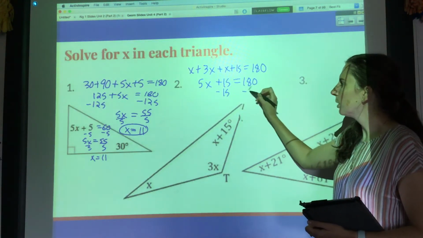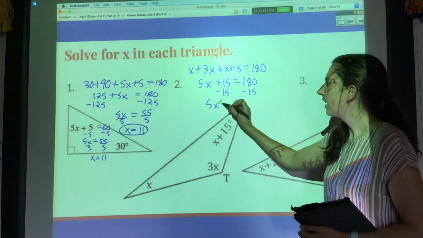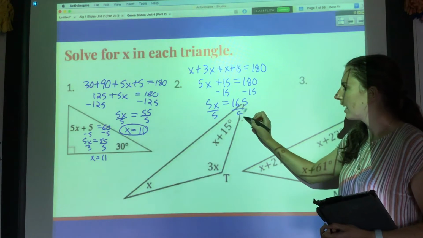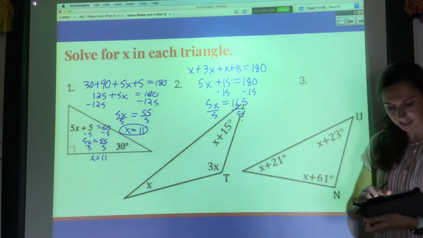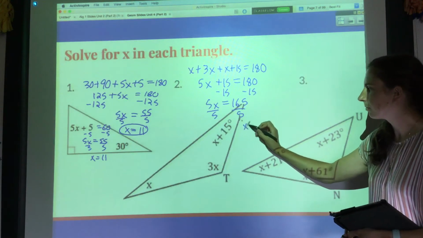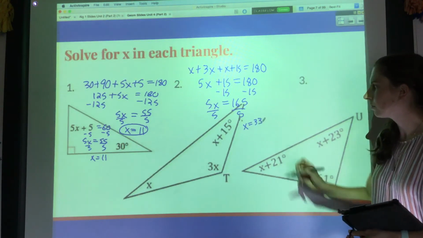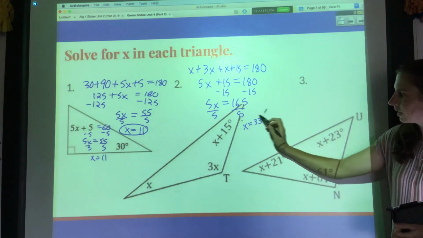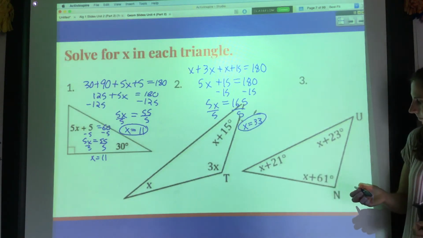Subtract 15 from both sides, so 5x equals 165. Then divide by 5, and that is 33, I believe. Okay, so that's x on that one.